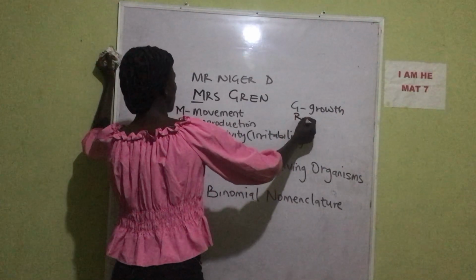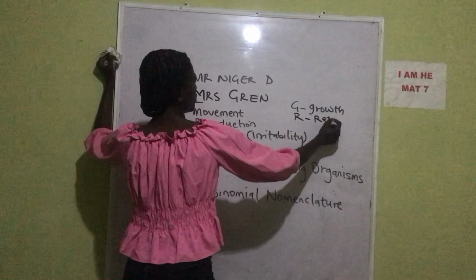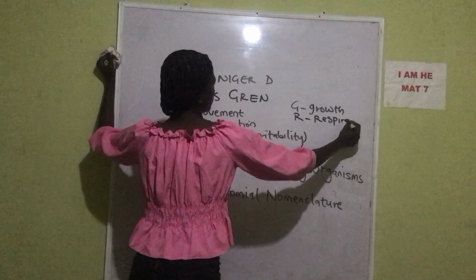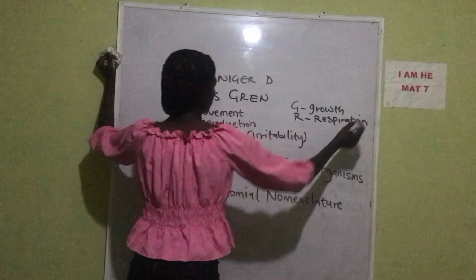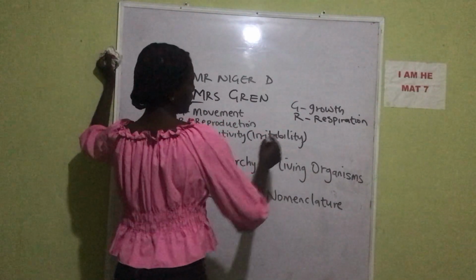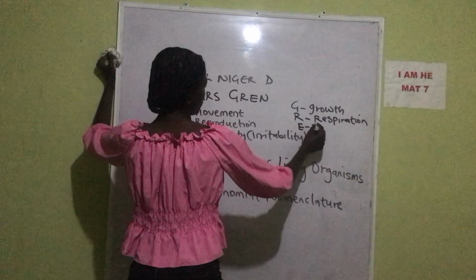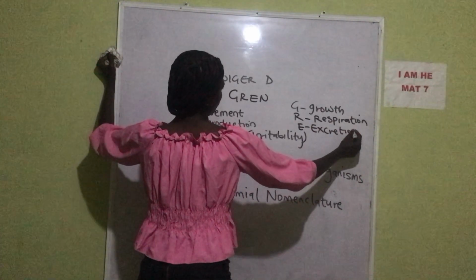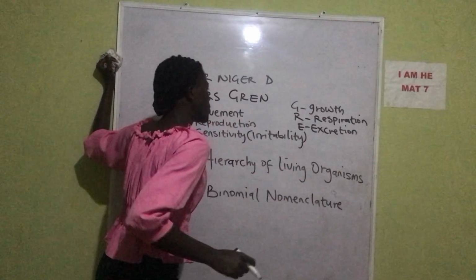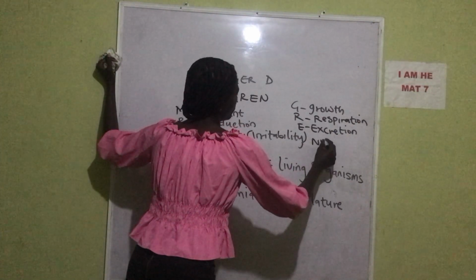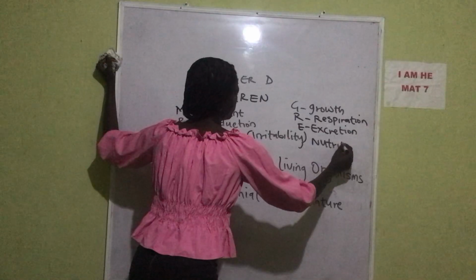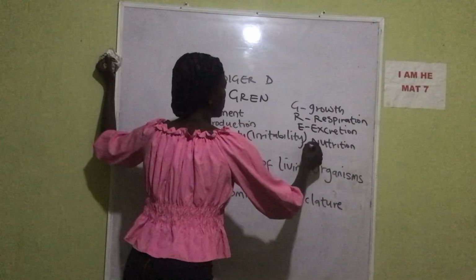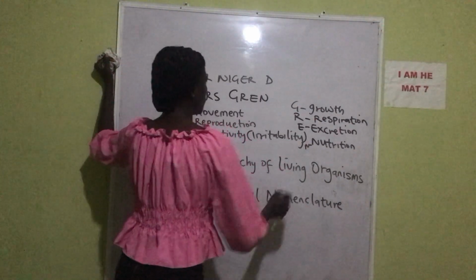R stands for respiration. E stands for excretion. N stands for nutrition. Okay, N is for nutrition.